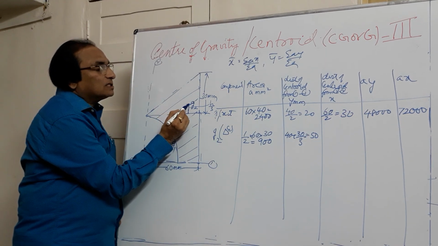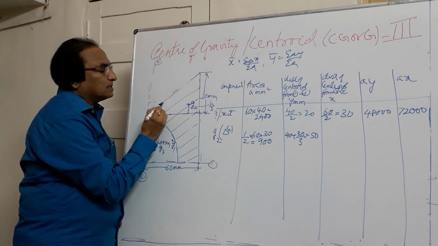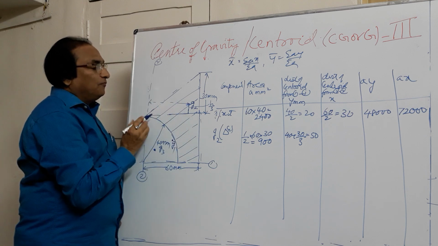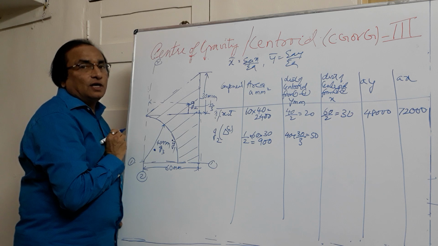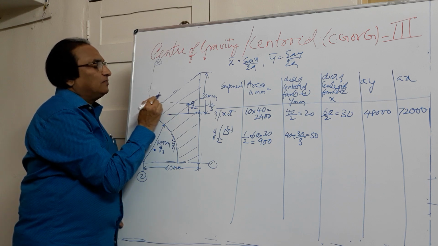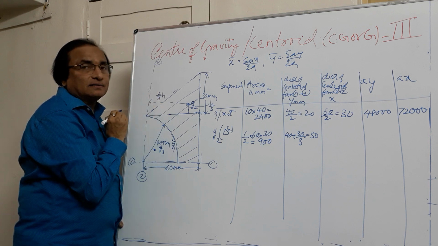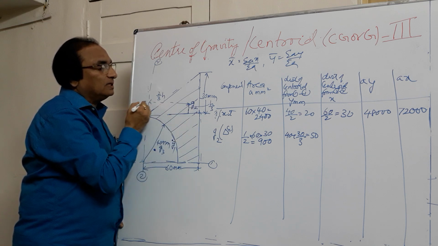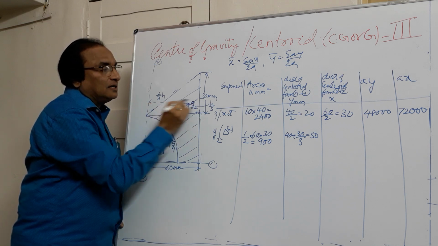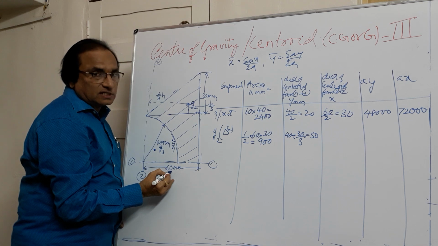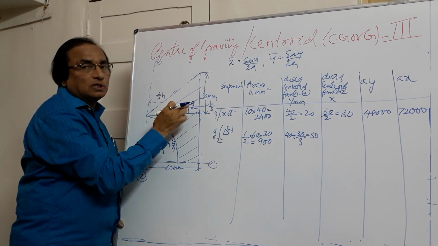Now I want the distance of the centroid from here, this distance. We are measuring the distance from the apex. We know the distance of the centroid from the apex is 2/3 of height. Now what is the height? The direction in which we are moving will become the height. So this height is nothing but 60 mm. So this distance will be 2/3 of 60.